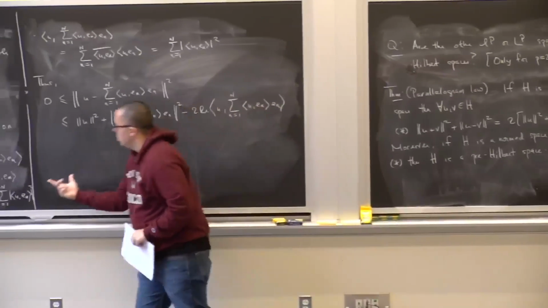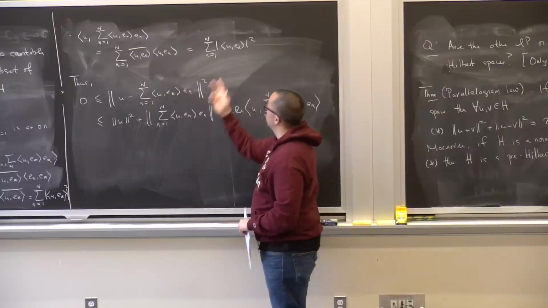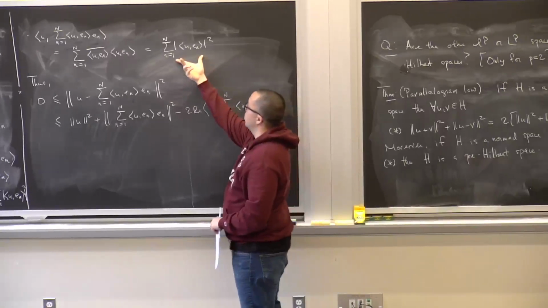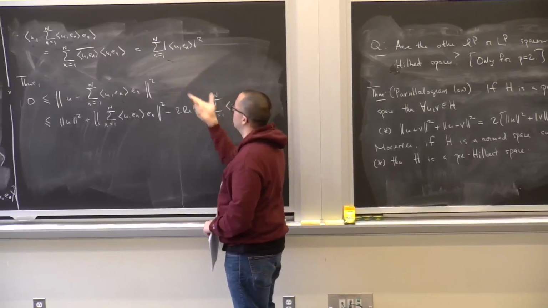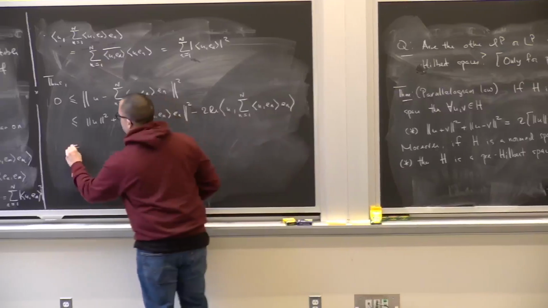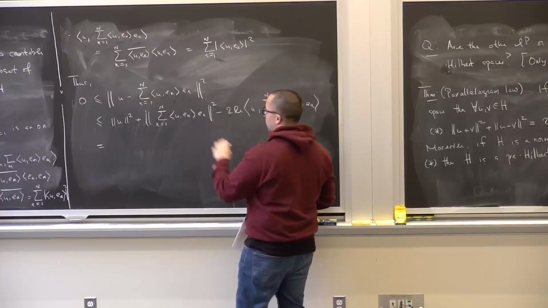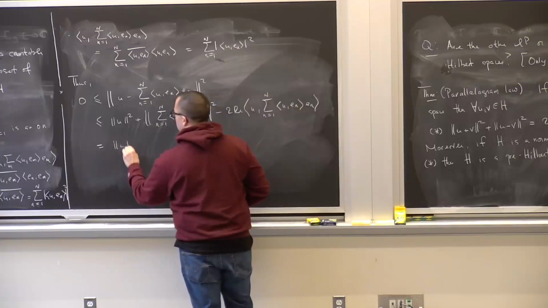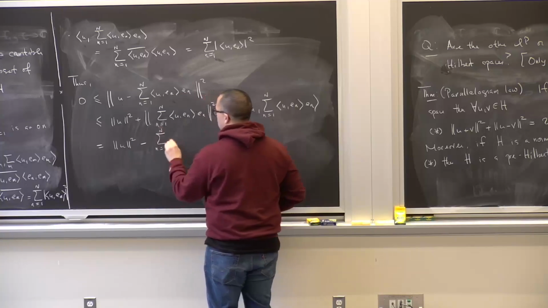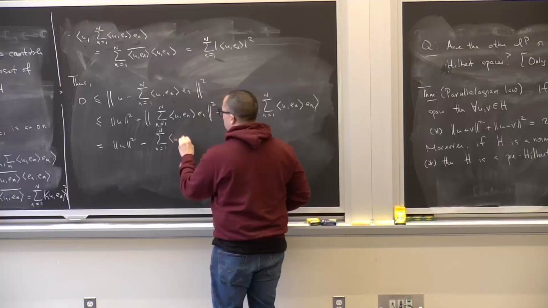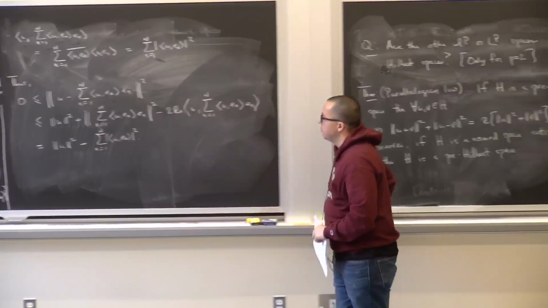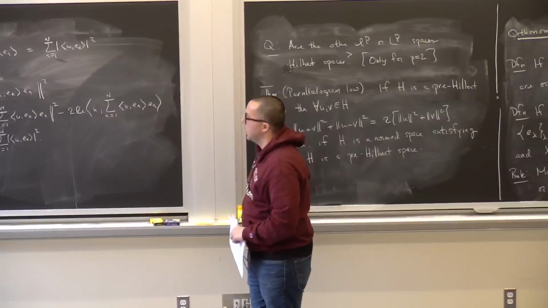This is equal to this quantity here, as is this inner product. It's also equal to this thing here. So the real part is equal to this thing here, because this is a real number. And since this comes with a 2, I cancel one of those, so I get the norm of u squared minus the sum from n equals 1 to N of |⟨u, e_n⟩|². Okay? Which is exactly what I wanted to prove for the finite case.